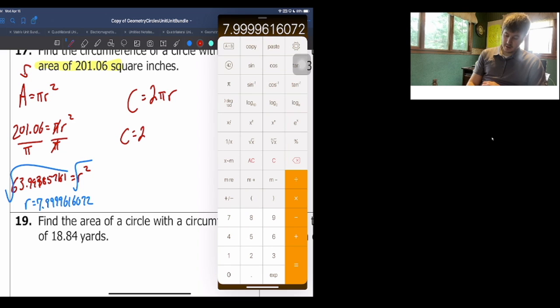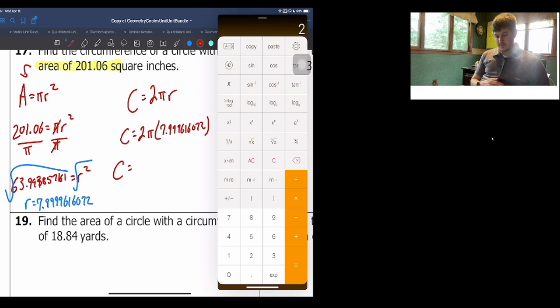Then we're going to plug in here 2 pi times this radius, which is essentially 8. So you can multiply it by 2. Oh, whoops.